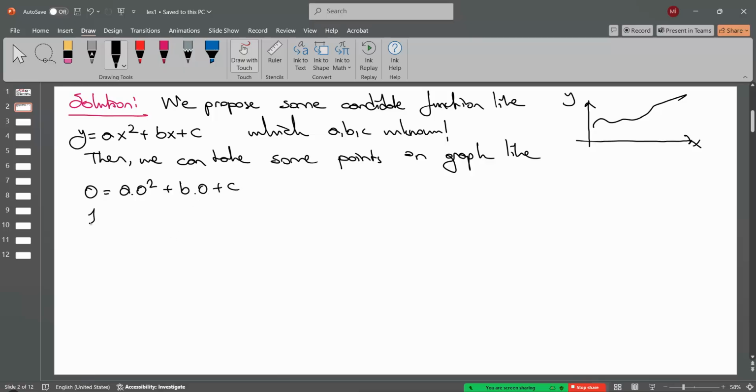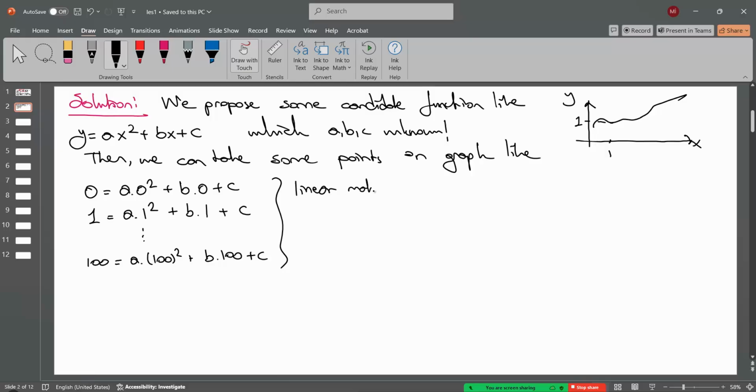Okay, and also y1 is equal to, for example, a times 1 squared plus b times 1 plus c. Okay, x1 and y1, and it goes on to, for example, 100: a times 100 squared plus b times 100 plus c. Okay, this can be solved with a linear matrix solution, guys.